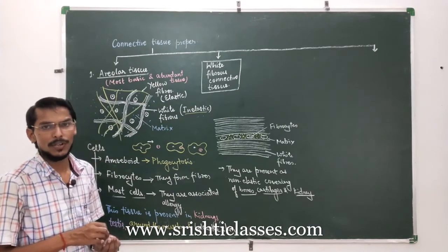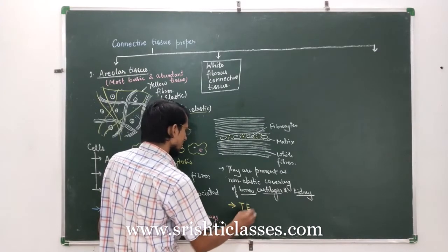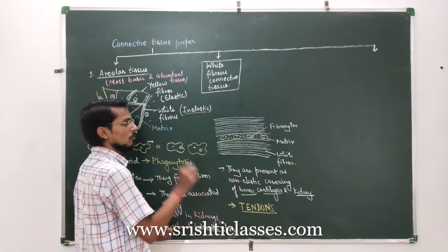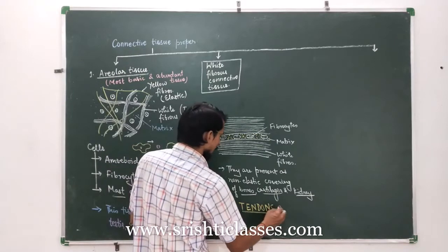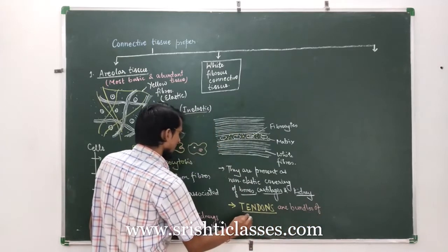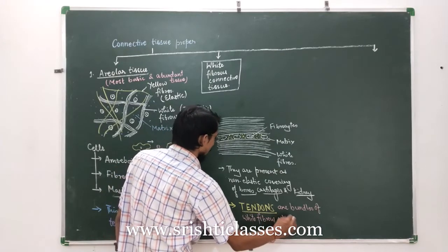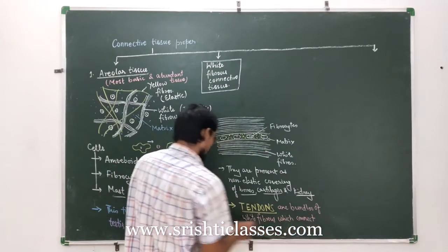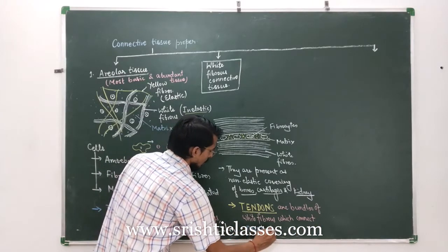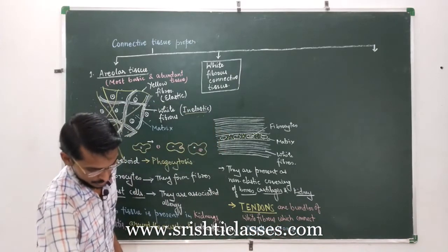Second thing which is very important, tendons. You must remember this term, tendons. This is very important, you must know this term. Tendons are bundles of white fibers which connect muscles to bones.